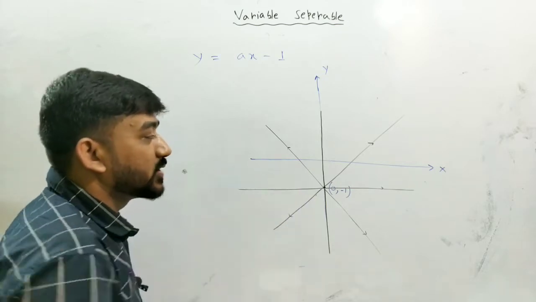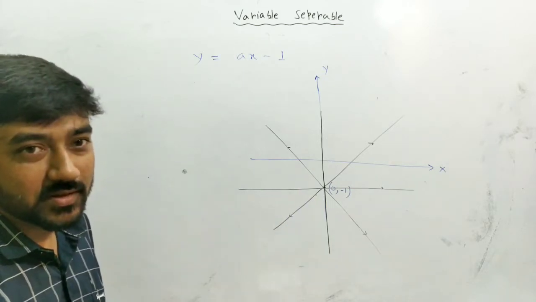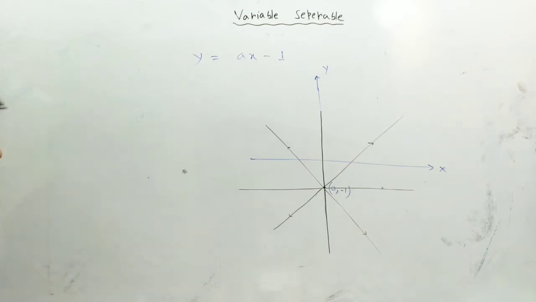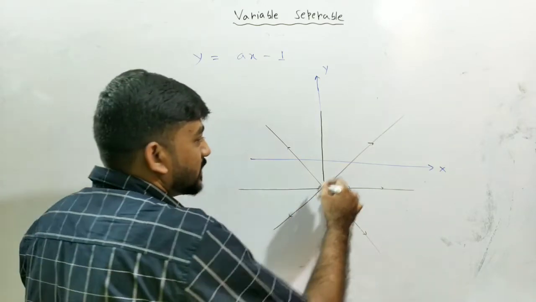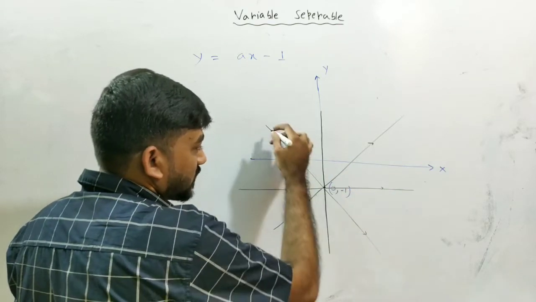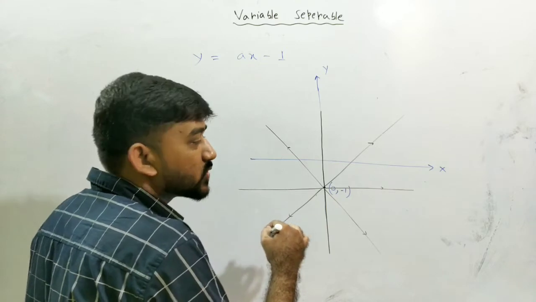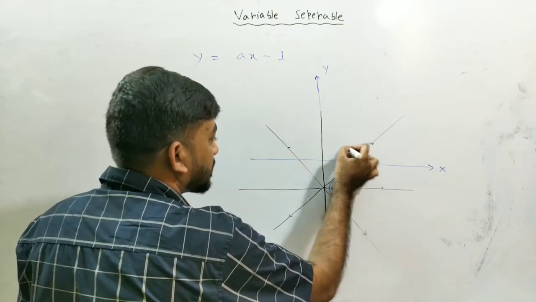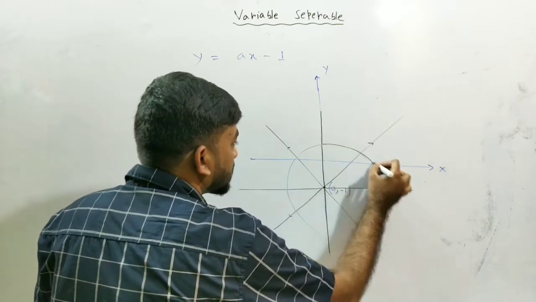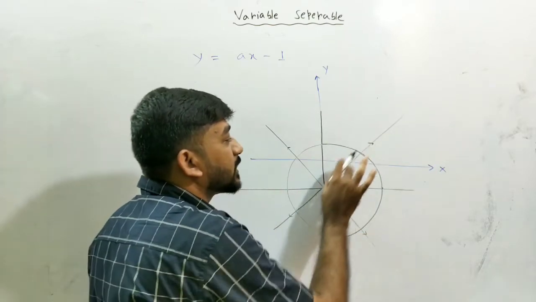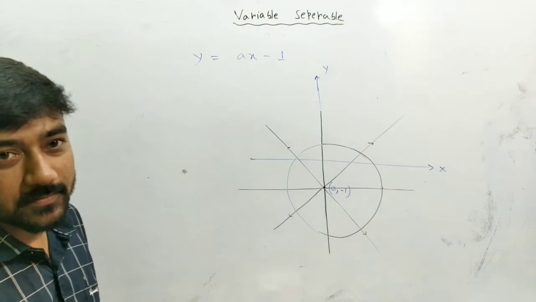Now I want to discuss the orthogonal trajectories. You know what the orthogonal trajectory is for these kinds of lines, because you know about equipotential surfaces in electrostatics. If these are the electric field lines, then the equipotential surface should be something like this, because the electric field lines are always perpendicular to the equipotential surface.